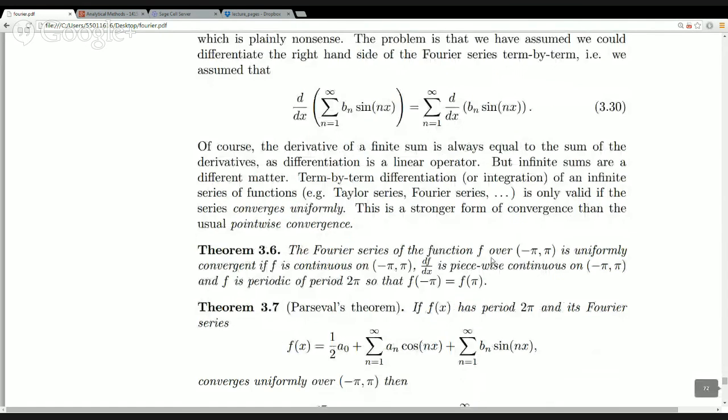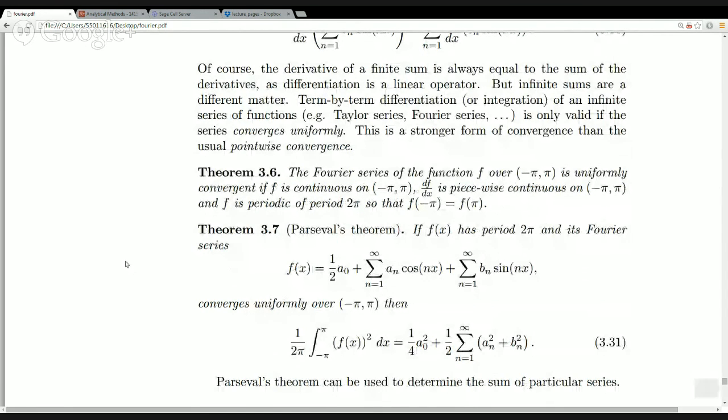But there can be functions which still converge uniformly, even though some of these conditions aren't true. So let's have a look at these conditions, and you should be able to see why this condition is not satisfied by the square wave function we were just looking at.